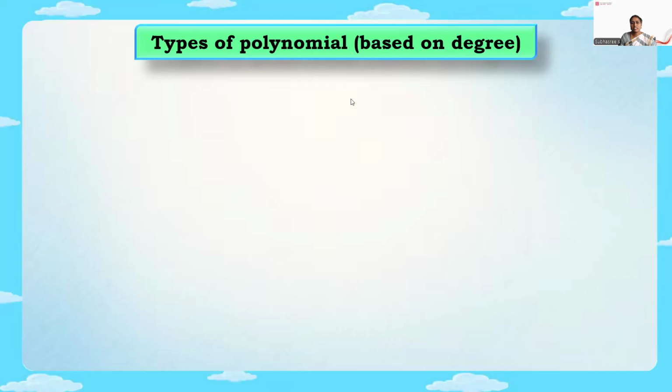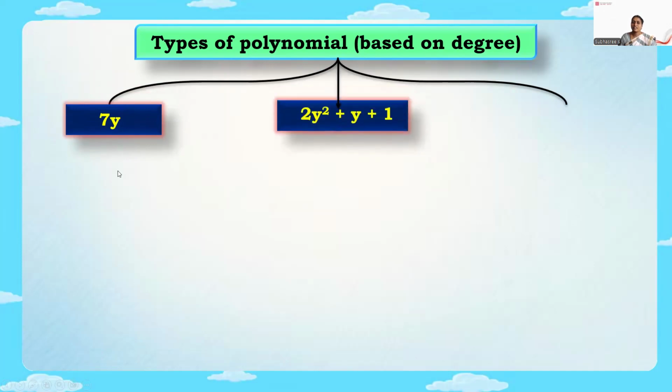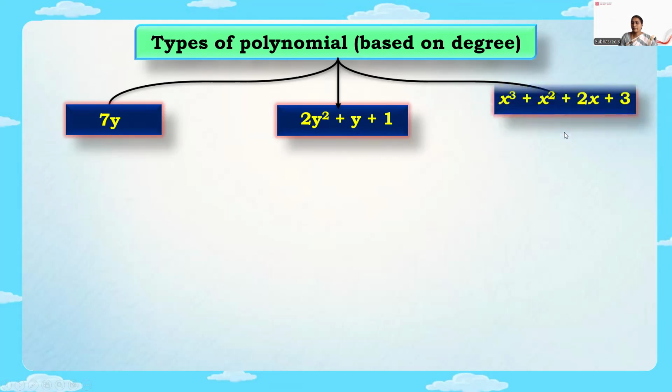Next, we will see polynomials based on degrees. How you will see? First polynomial based on degree 1, 7y. What is the power of y? 1. So it carries only 1 degree. What is the highest degree? Highest power? It is 2. 2y square plus y plus 1. Next question.